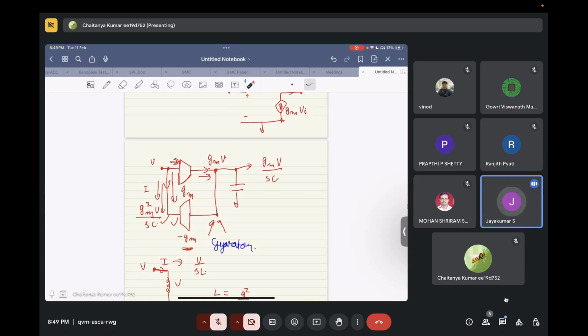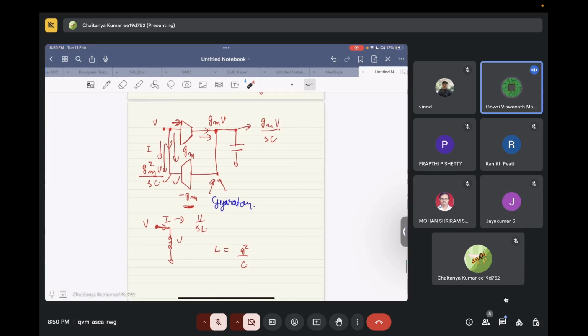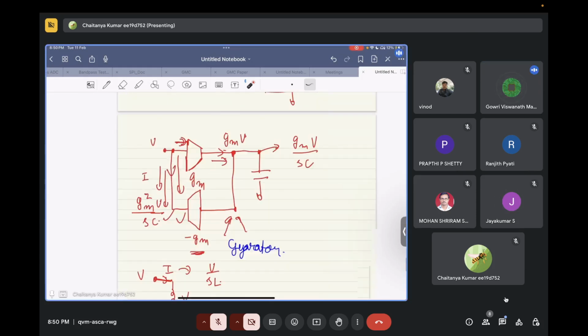Okay, Gauri, what part exactly did you want me to explain again? Yeah, the last one, sir. Inductor part. Okay, now here you understood, right?